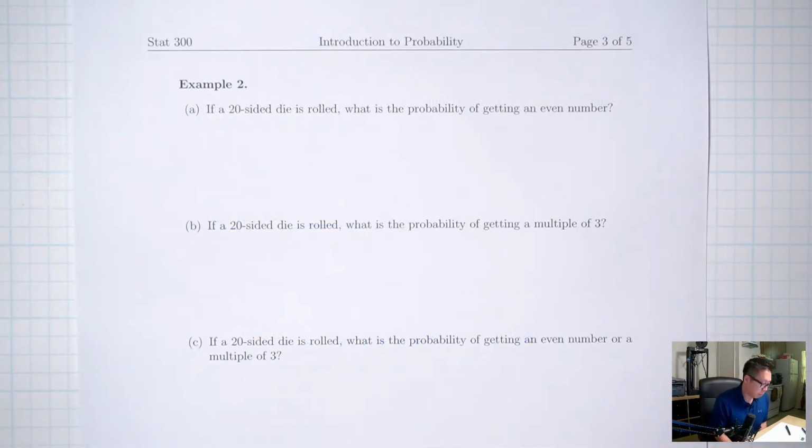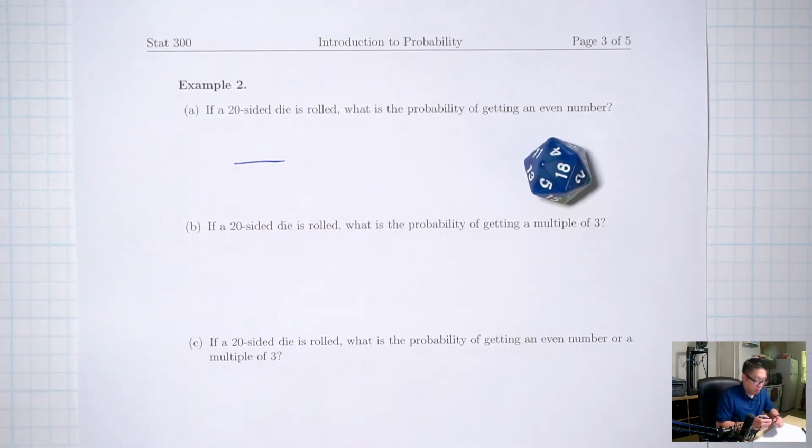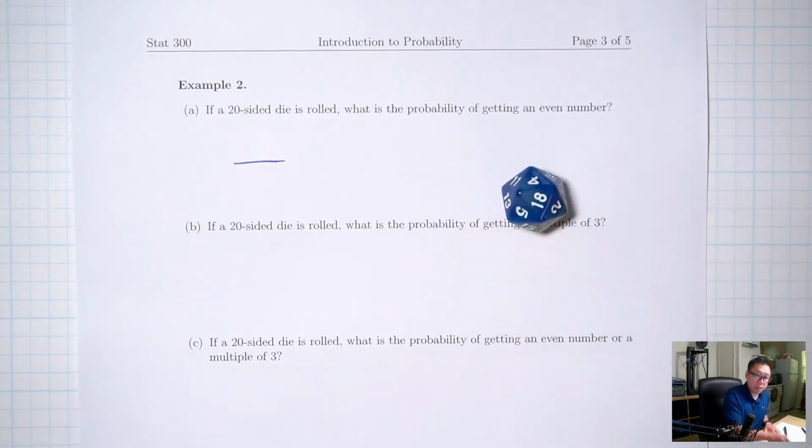Example 2. If a 20-sided die is rolled, what's the probability of getting an even number? Here's a 20-sided die. The bottom is going to be the total number of things that could happen when I roll this die.